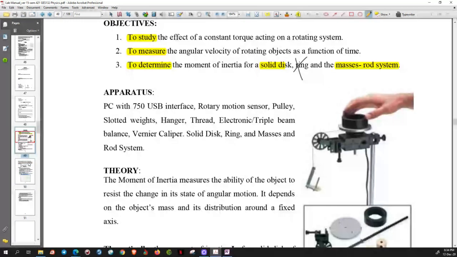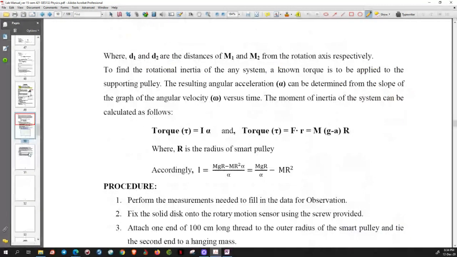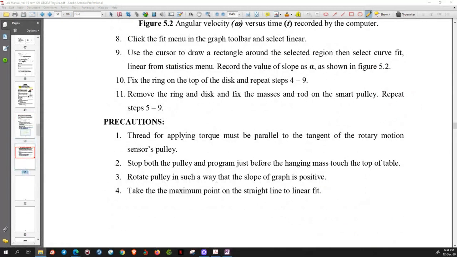The datasheet for this is missing. Let me go to the document file. I didn't notice this datasheet is missing. Suggested for the final exam, lab manual.